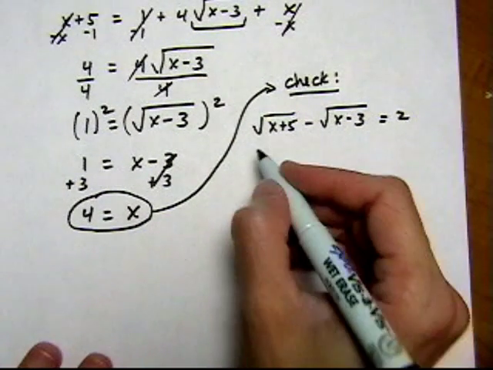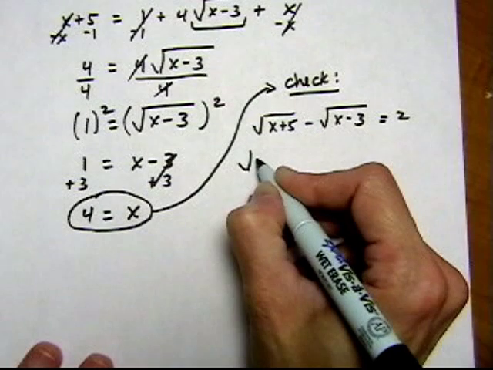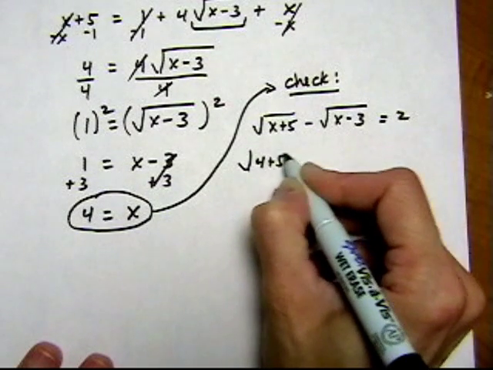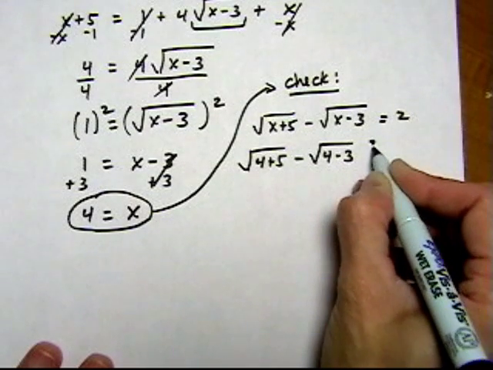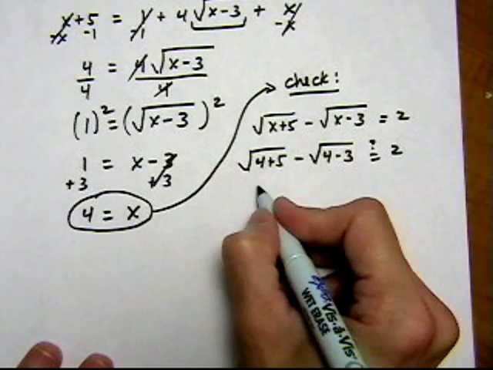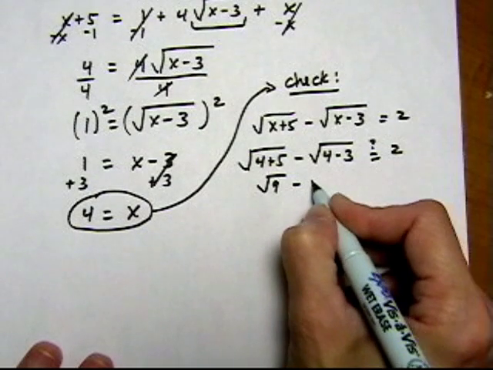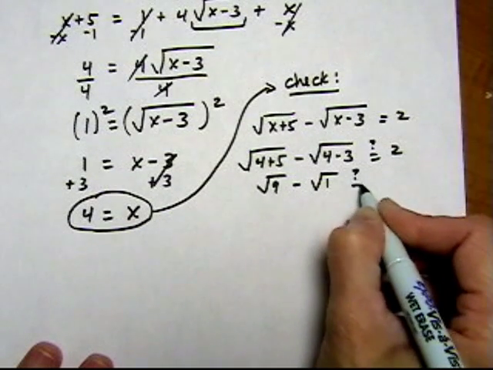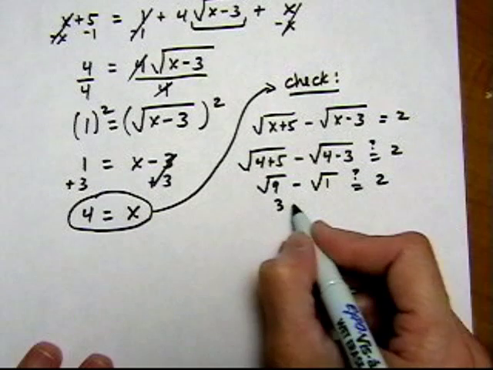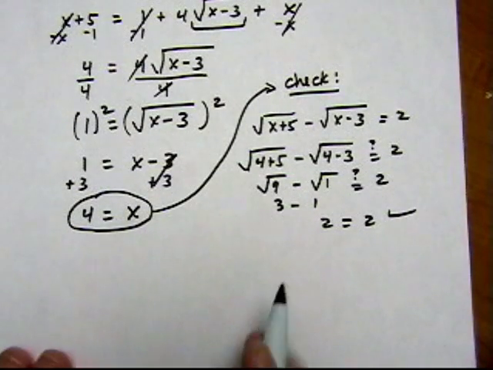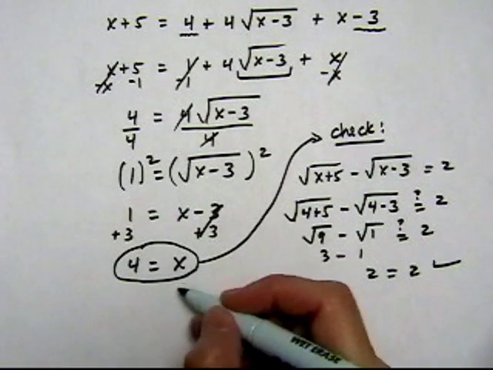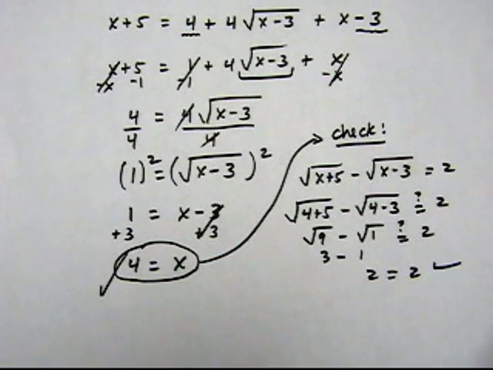So the question is, does the square root of 4 plus 5 minus square root of 4 minus 3 equal 2? And this would be root 9 minus root 1. Does that equal 2? And this is 3 minus 1, so yes, we get 2 equals 2, which is true. Therefore, x equals 4 is a valid solution.